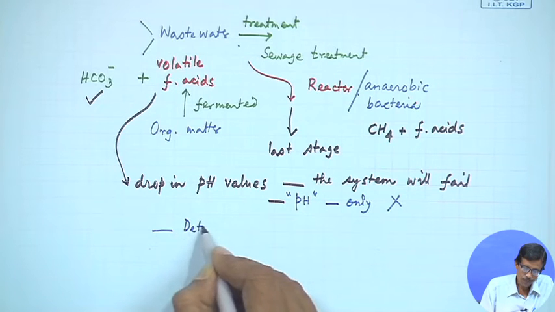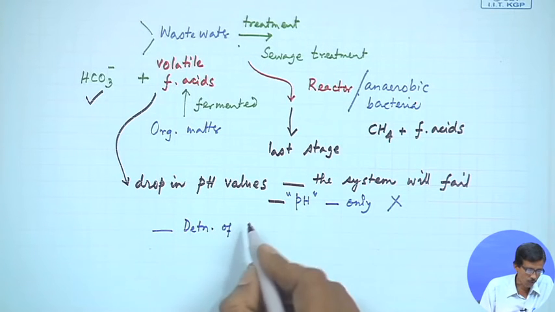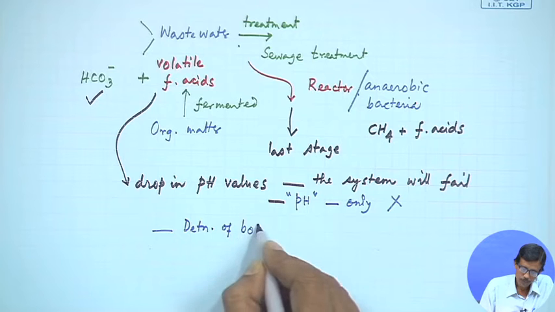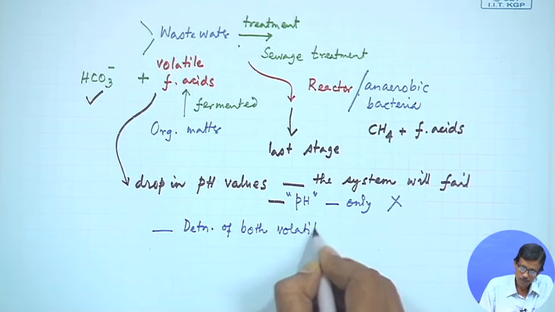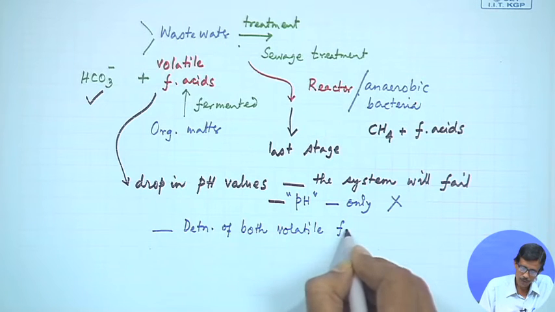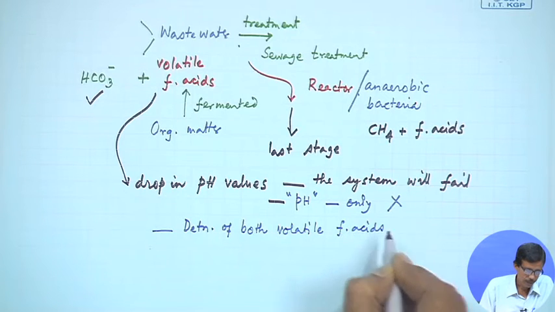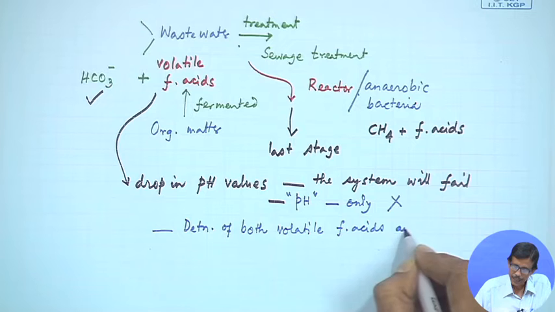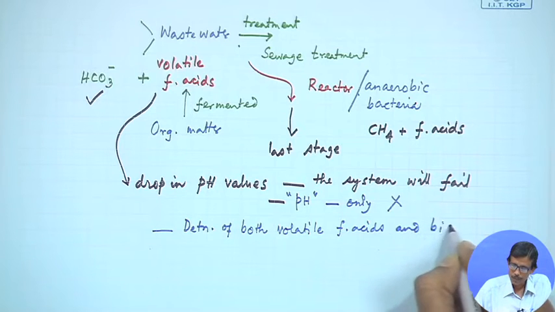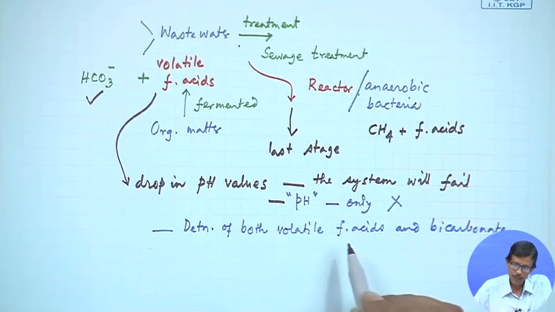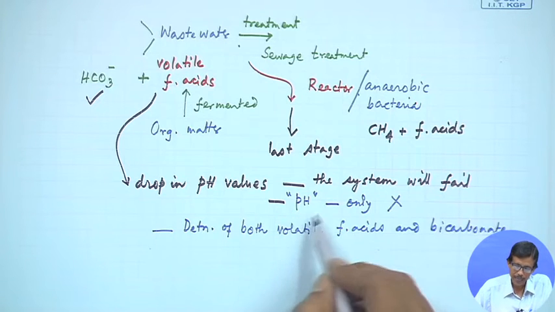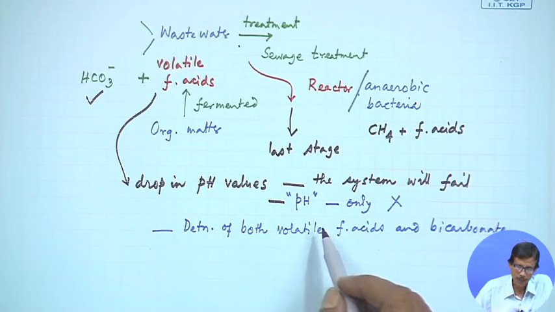So, determination of both volatile fatty acids and bicarbonate is needed. That is why pH metric titration alone will not help us.